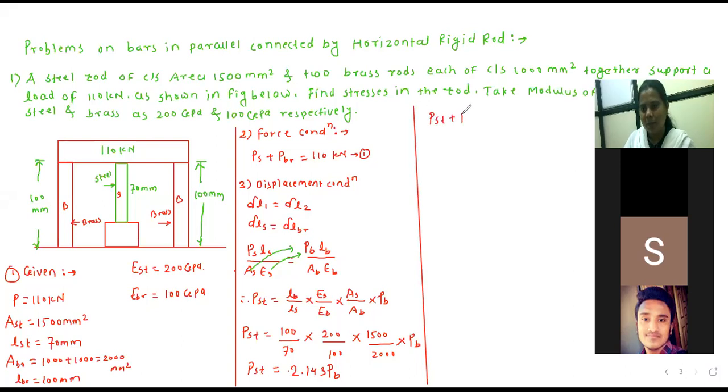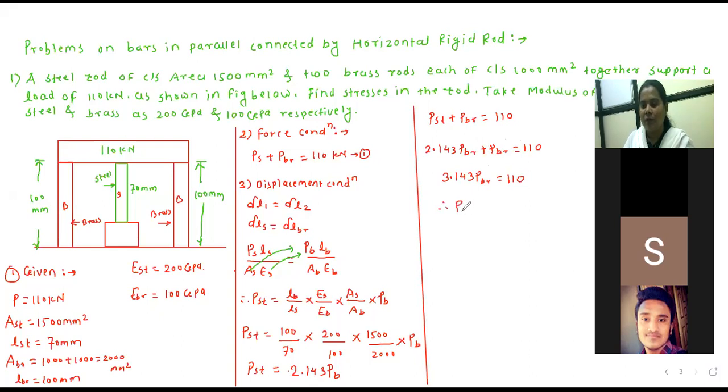PST plus PBR is equal to 110. This is our equation 1. Now we will put the value of PST. So the value of PST is 2.143 PBR plus PBR, which is equal to 110. So this 2.143 plus 1 is 3.143 force in brass, which is equal to 110.